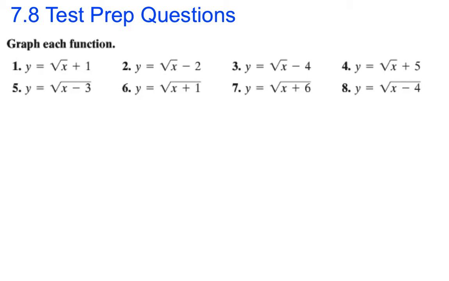All right, with 7, 8, I would like to pick number 2 and number 7 to do from this first part. Graphing the function, this negative 2 is outside of the radical, so that tells me it's either an up or down movement. That would have been helpful if I had said it as I was drawing the right ones. And because that's negative, we know it's going down, right?